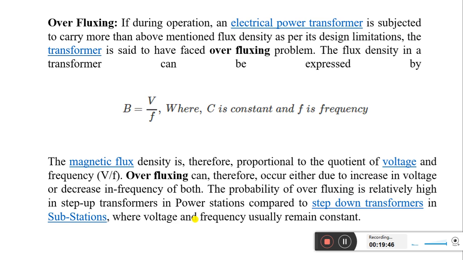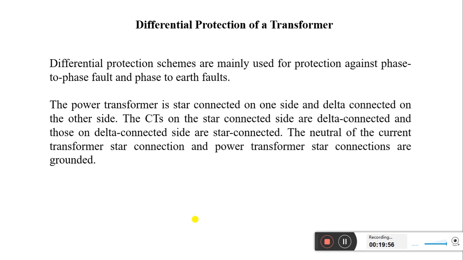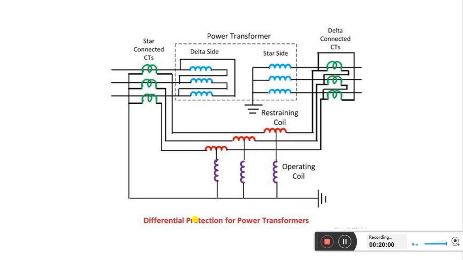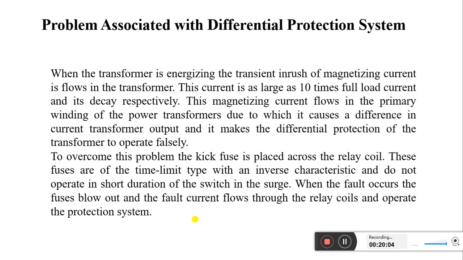The overfluxing fault depends upon the voltage and frequency, and a through fault occurs if the fault happens outside the protected zone. Then we have discussed differential protection, how it is applied with the help of the circuit diagram, what the problems with differential protection are, and how to overcome these problems. So this is all about this lecture.